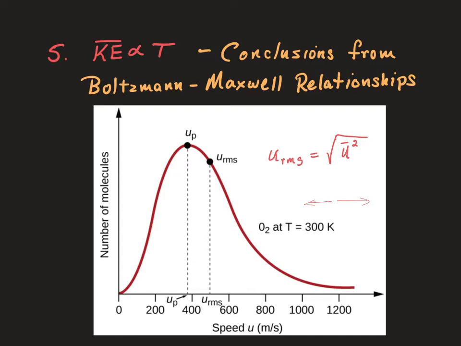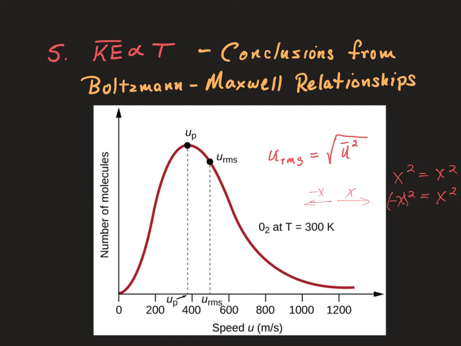So we have speed x and we have speed minus x. But if we square those, x squared equals x squared, and minus x all squared equals x squared.